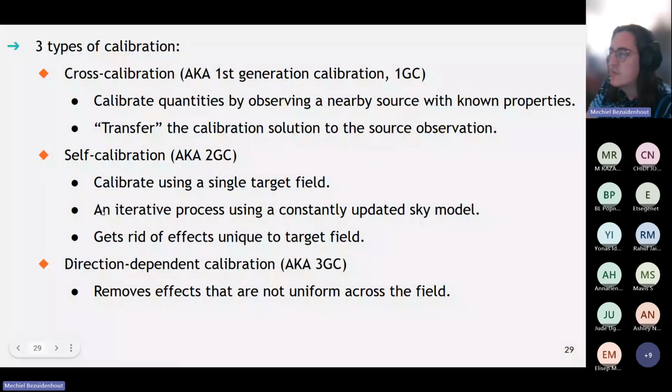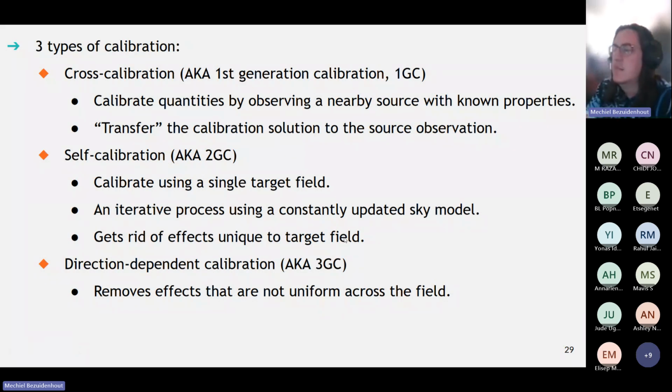I'll show you some examples of how that works in a second. But using these self-calibration techniques, you can get rid of effects that are unique to the target field. So maybe there are effects that don't apply to a calibrator source, but that are present nonetheless in your target field, and you can get rid of them.